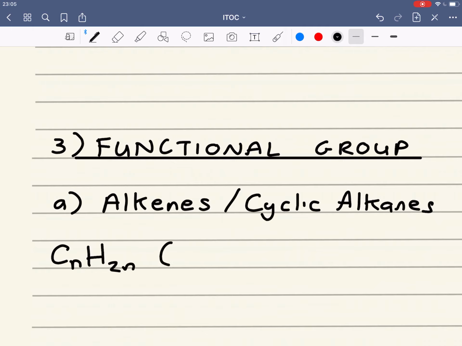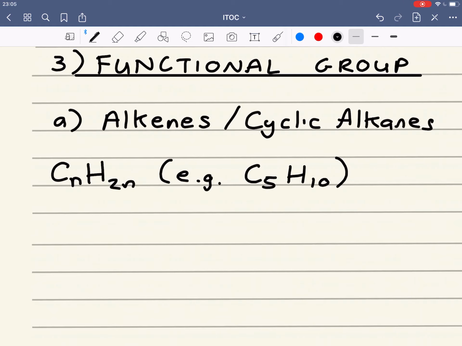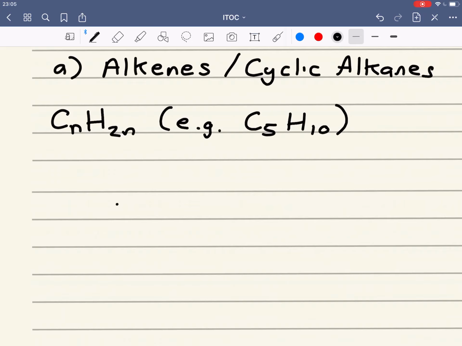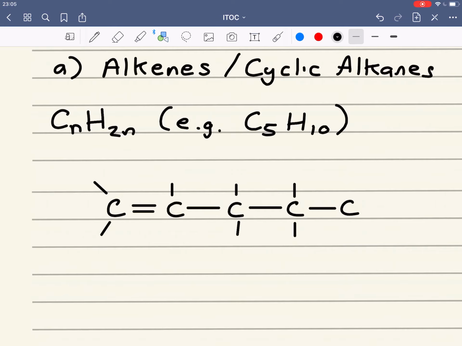So for example, C5H10. When you see that molecular formula C5H10, you should be thinking, well, that could be an alkene. So for example, it could be any alkene, but I'm just going to give us the simple pent-1-ene.